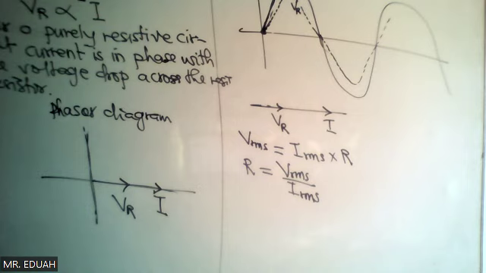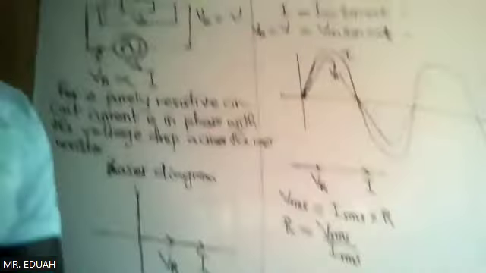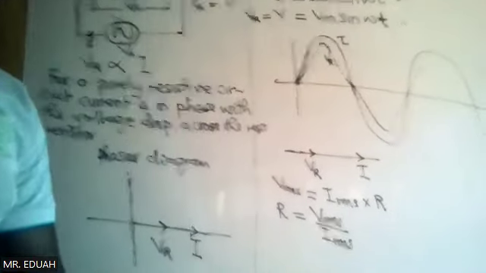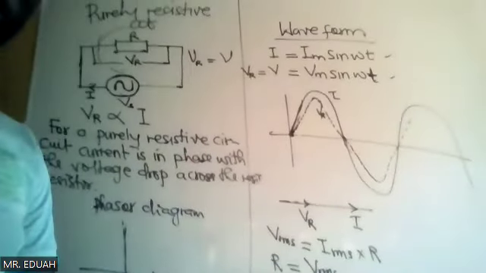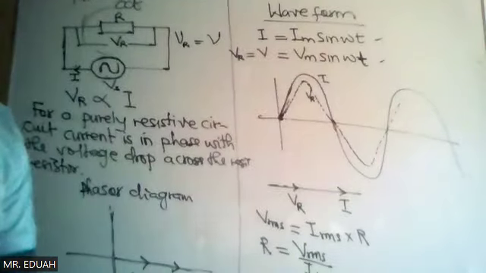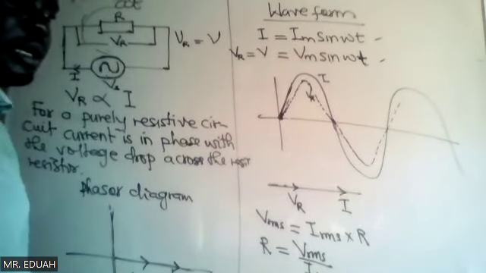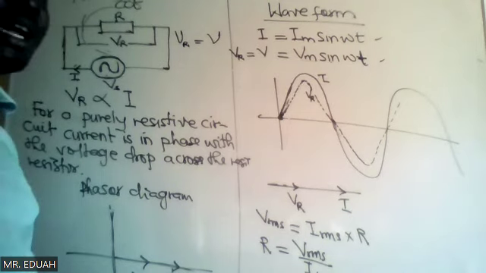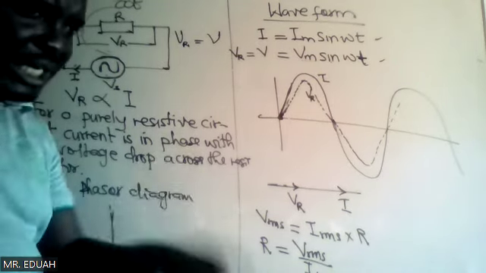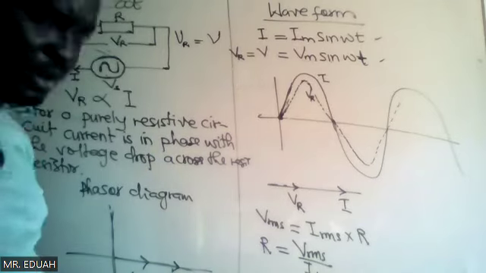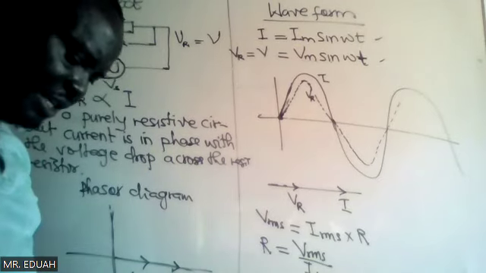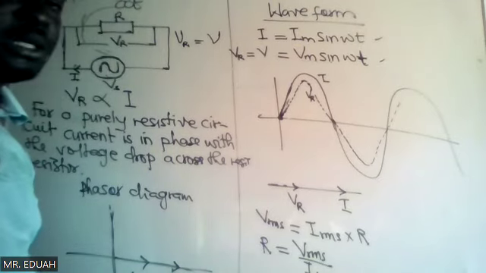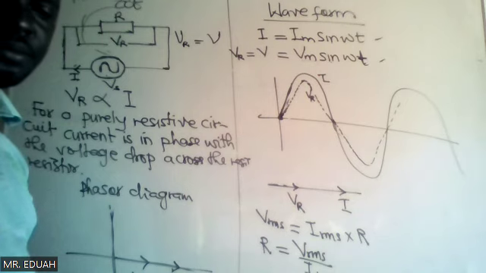So you said when voltmeter and ammeter measure for AC, they always measure the RMS value, which is the effective current or voltage.